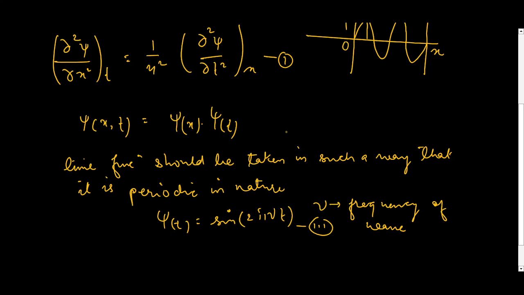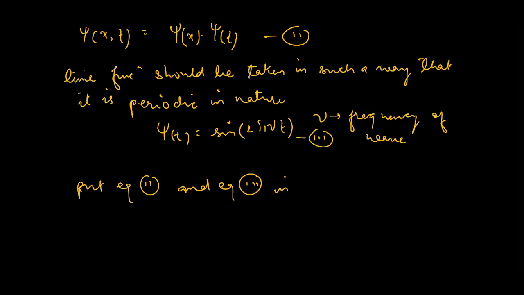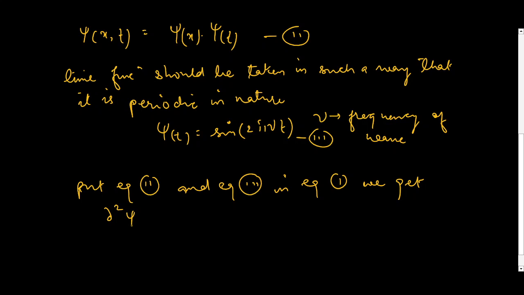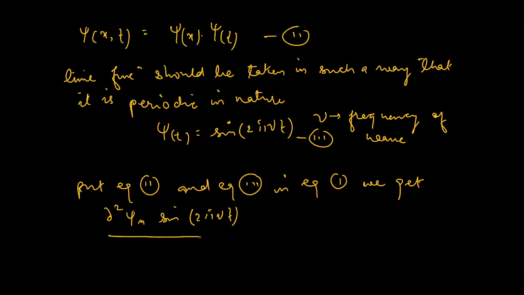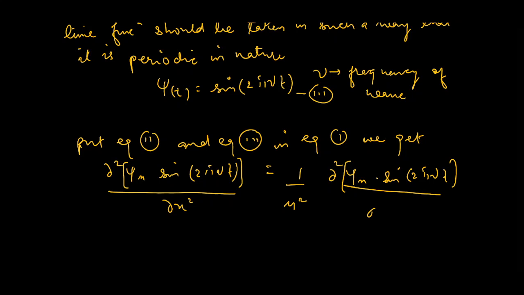Now if we put equation 2 and equation 3 in equation 1, we get dou square xi x sine 2 pi nu t upon dou x square is equal to 1 by u square dou square xi x sine 2 pi nu t upon dou t square.